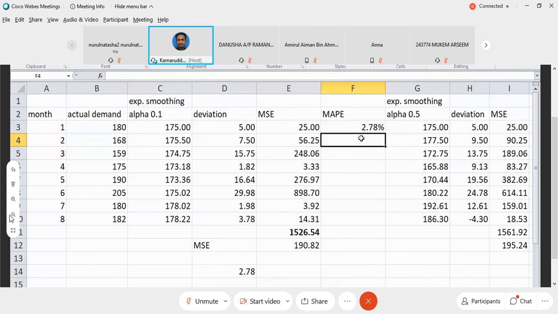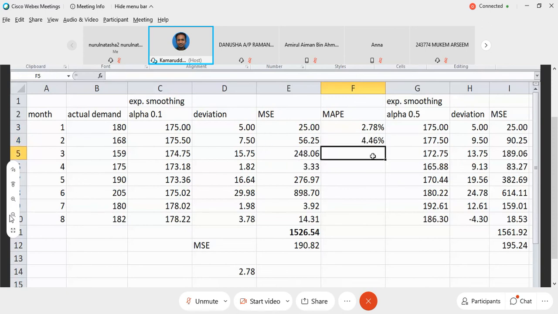Okey, 7.5, let's say 7.5 divided by actual demand 168.